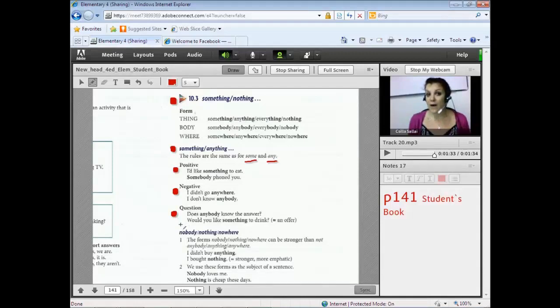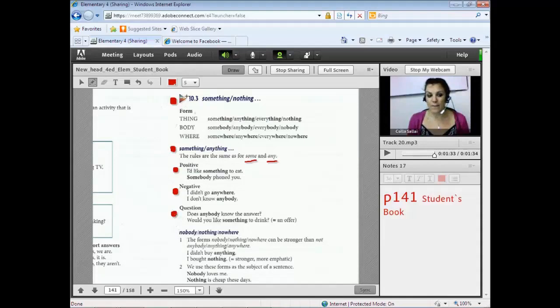And requests, for example, can I have something to drink? This is a request when you ask for something. So questions starting with can I have something, or can I go somewhere, or can I meet someone? So these are requests, positives, negatives, and questions.